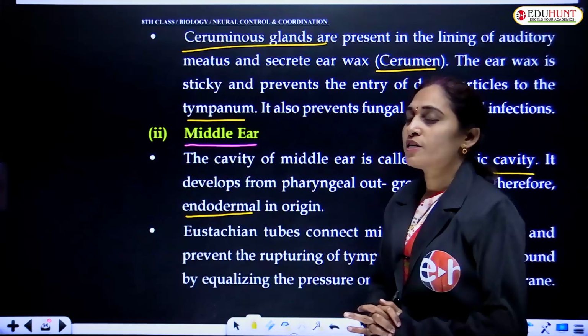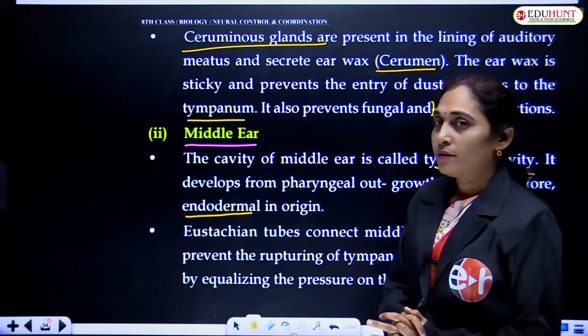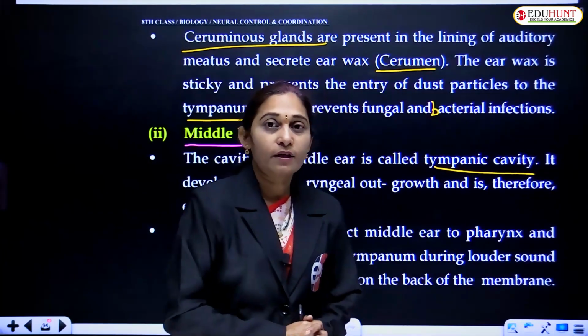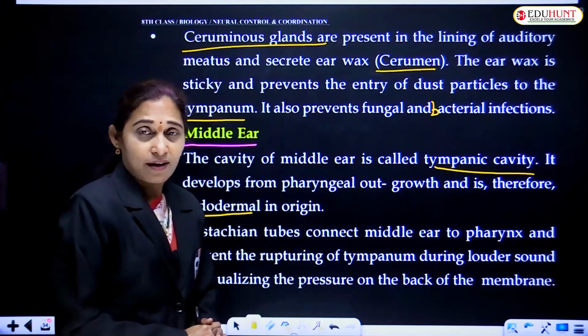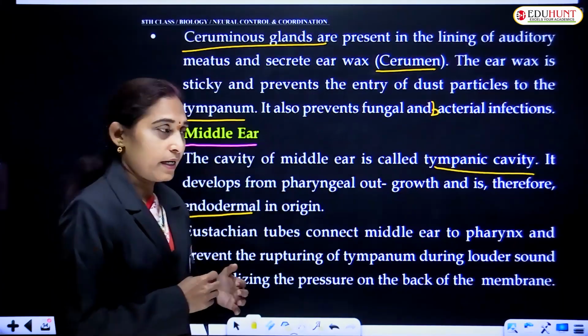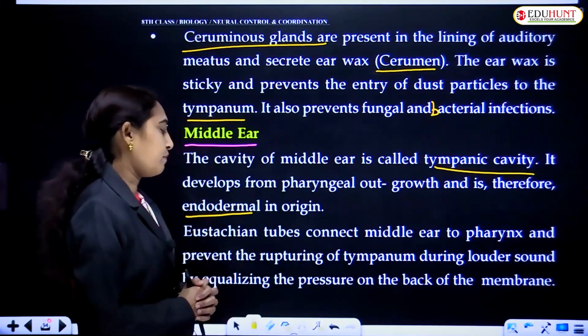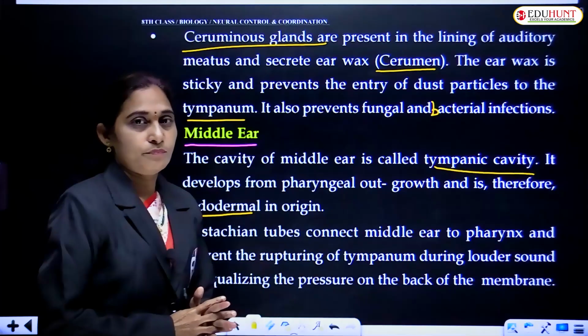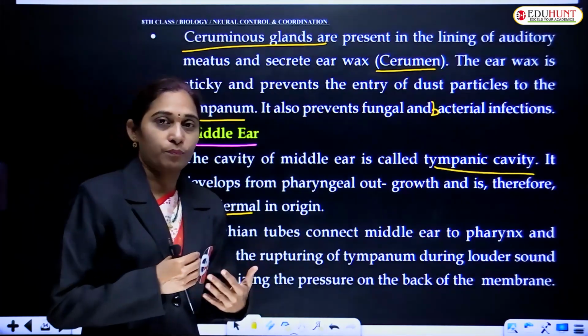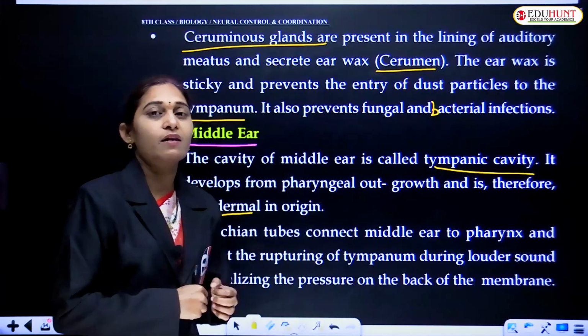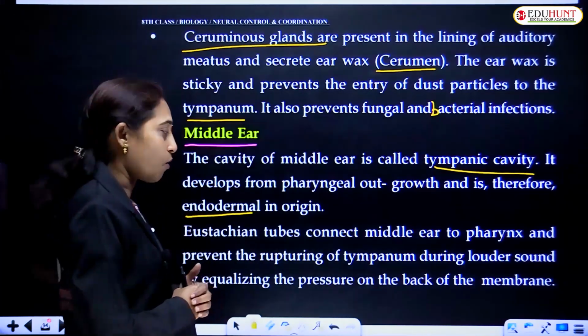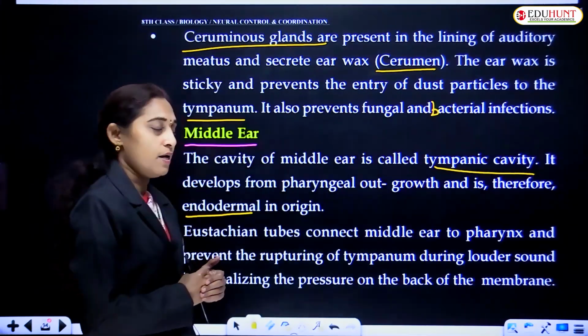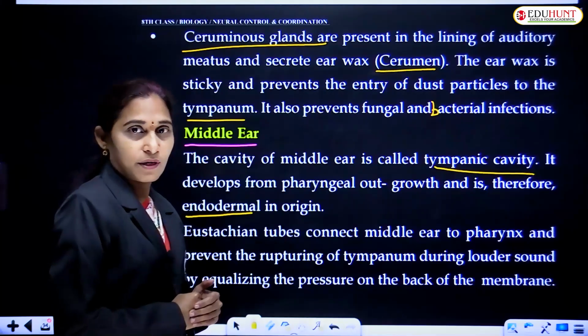The eustachian tube connects the middle ear with the pharynx of the gut and prevents the rupturing of the tympanum while receiving louder sound waves and vibrations, and it equalizes the pressure.